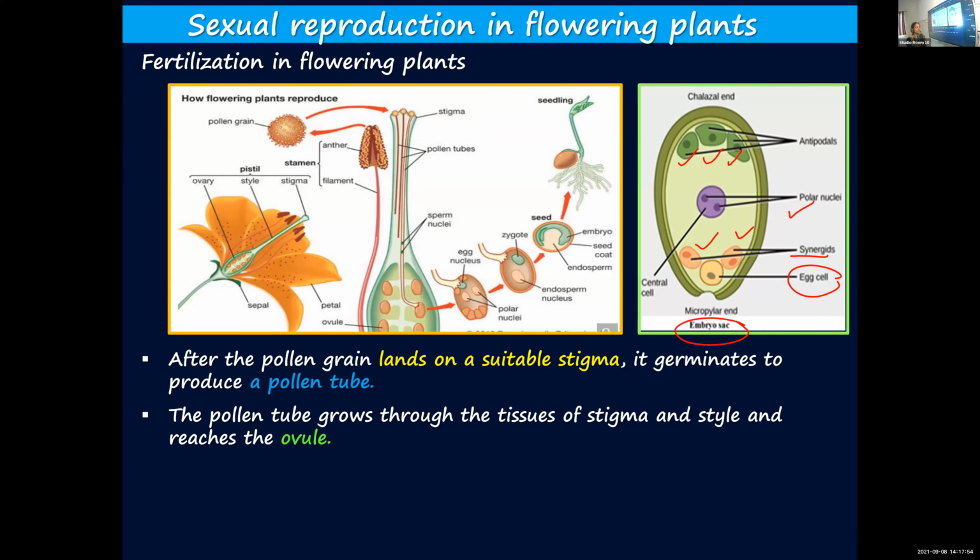That makes 8 nuclei. So you can see 3 antipodals, 2 polar nuclei, and 2 synergids along with the egg cell.